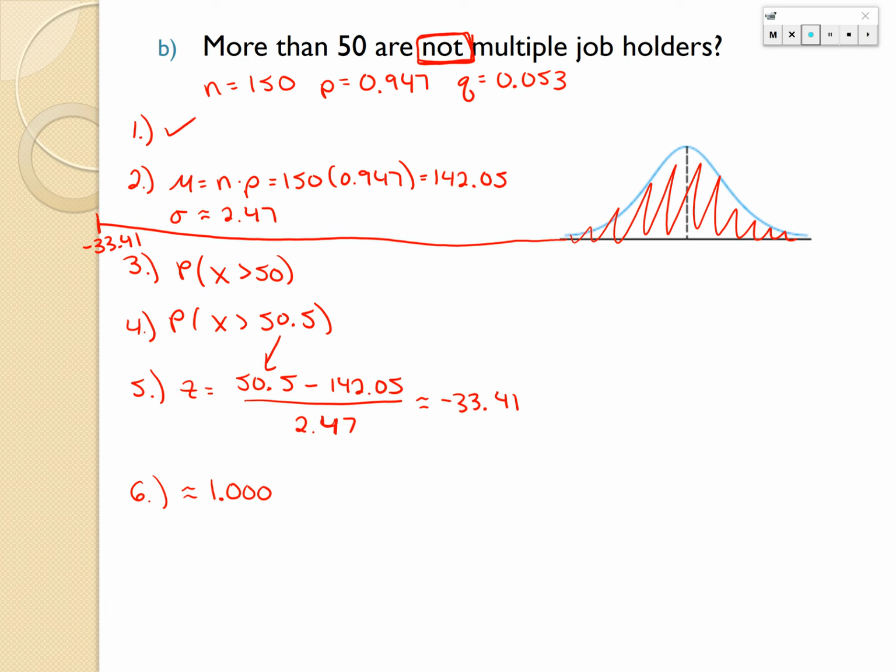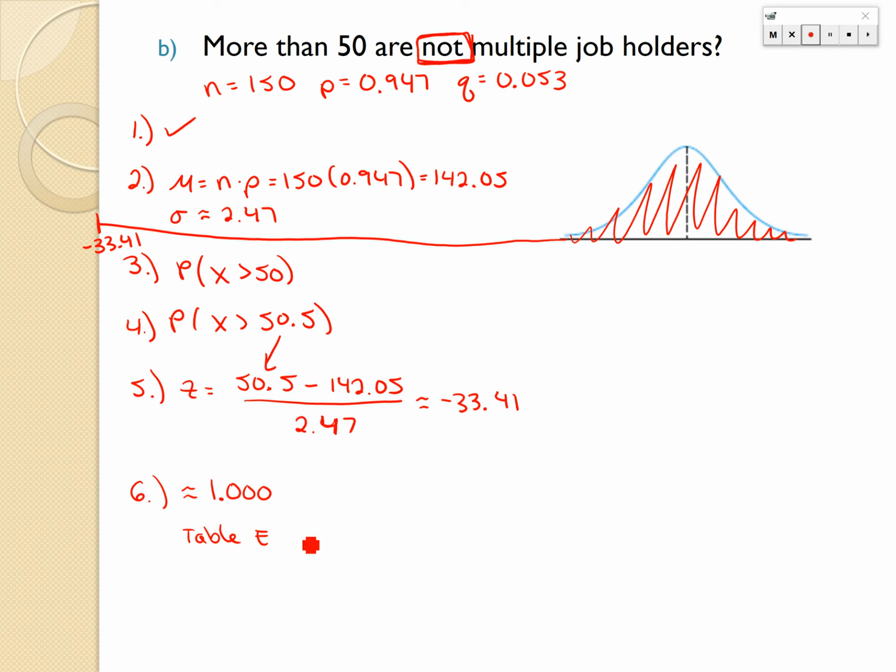Now, if you're a table person, this is a big reason why I chose this example. If you look in table E and you go to the negative side, down at the very, very bottom, and it's in very tiny print, I wish there was a little bit bigger print, it says for z values less than negative 3.49, use 0.0001.